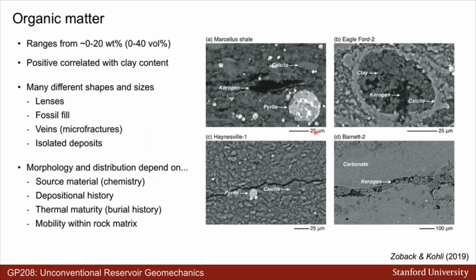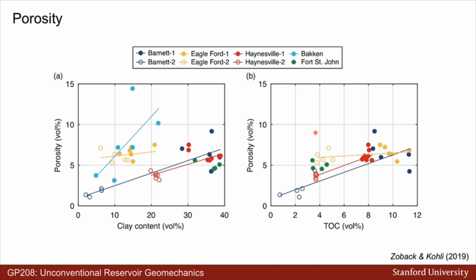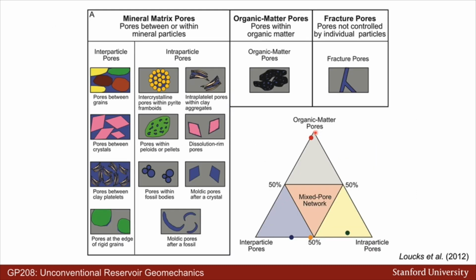And again, if we go back, we can see the distribution of these organic deposits throughout the rock, as well as the distribution of clay. Because these components are correlated with porosity, we can expect that porosity might be distributed within each of these components as well. Now, when we talk about pores in the rock, there's a whole ecosystem of different sorts of pores.